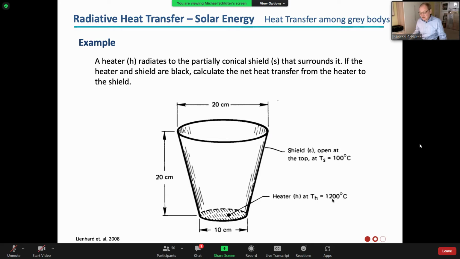These are 1,473 degrees Kelvin. Yeah. Okay. Good. Further questions or comments?